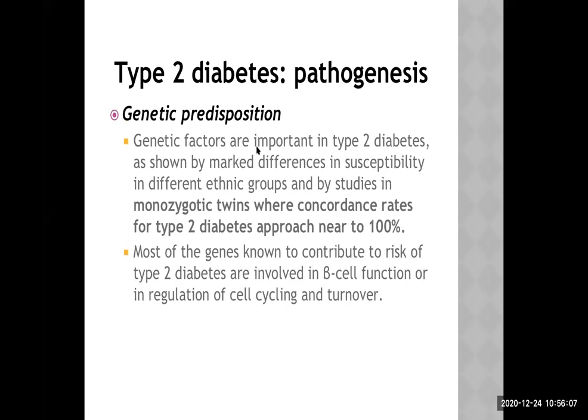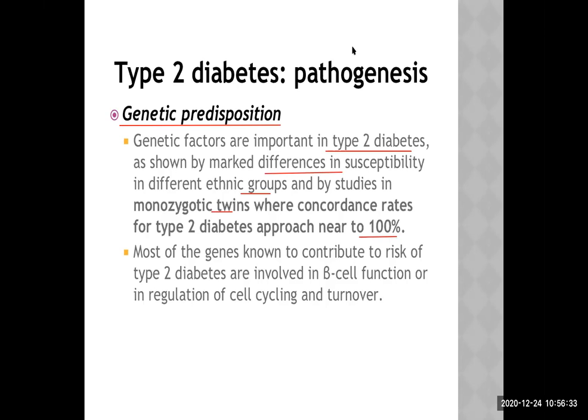Now, what is the role of genetic predisposition regarding type 2 diabetes? Let's talk about it. Genetic factors are important even in type 2 diabetes, as shown by marked differences in susceptibility in different ethnic groups and by studies in monozygotic twins, where the concordance rate for type 2 diabetes approaches nearly 100%.